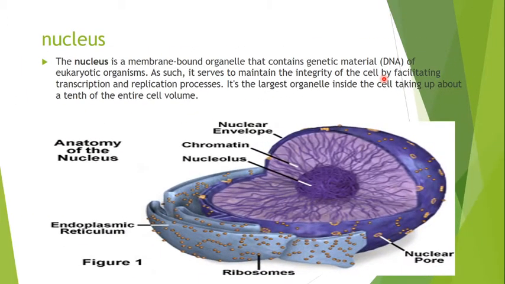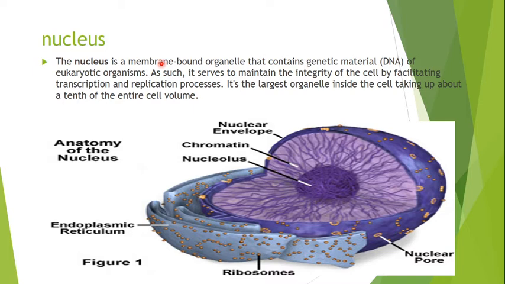It consists mainly of cellulose. And now the nucleus. It is the main part of a cell because the nucleus controls all the functions of a cell. It might be a plant cell or an animal cell, in both the cells we find the nucleus. The nucleus is a membrane-bound organelle that contains genetic material. What is genetic material?